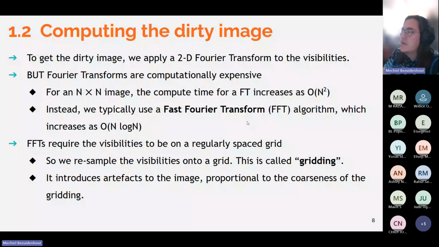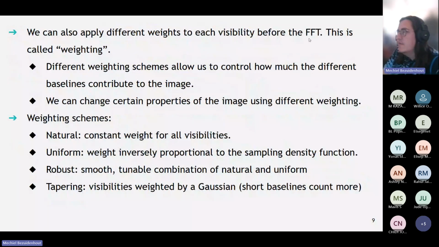We can also apply different weights to each visibility before the FFT. This is called weighting. So you make some samples on the UV plane count more than others. For example, if you want long baselines to count more, if you want to emphasize the fine details in your image, then you can give the UV samples far away from the center a larger weight than the ones close to the center.